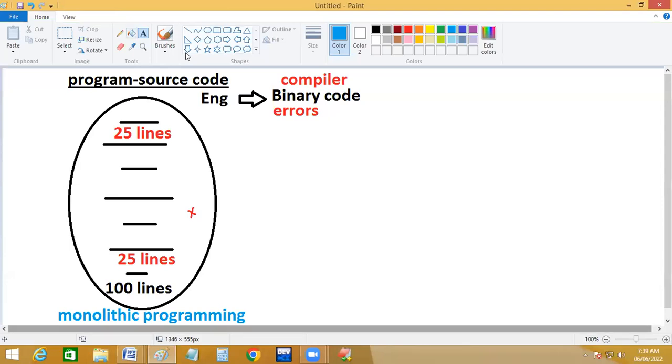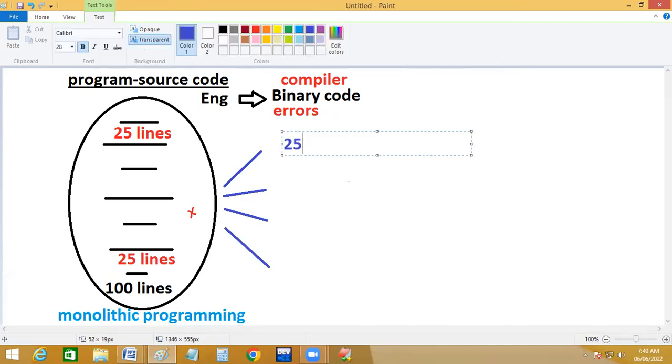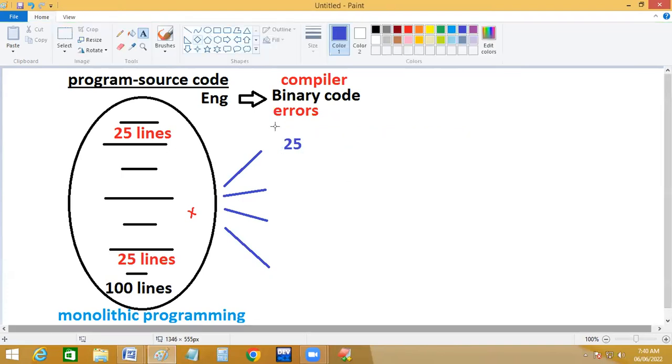Okay, and now to avoid this problem, in C language they have used one formula. What is that? They are dividing the single program into several small pieces. For example, here 25 lines, now it is a program.